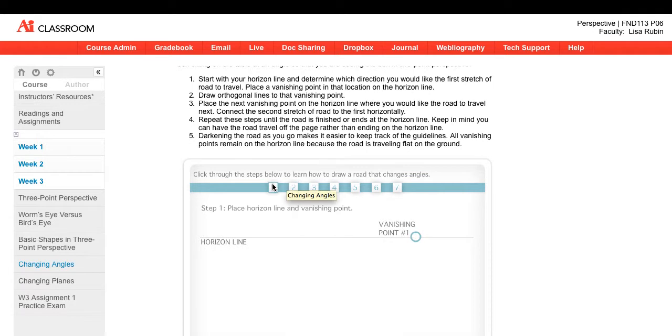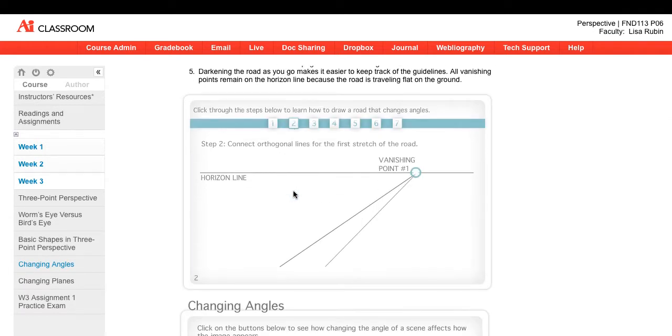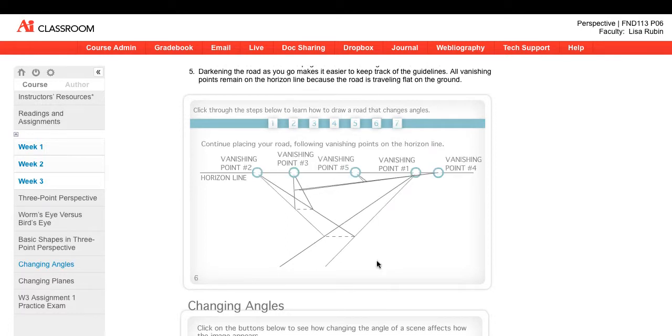Changing angles. This is something you're going to be required to do this week. If you have a road and it changes angles, you're going to have two vanishing points, maybe even more. As the road moves along, the final view of the road is going to have all these different vanishing points.